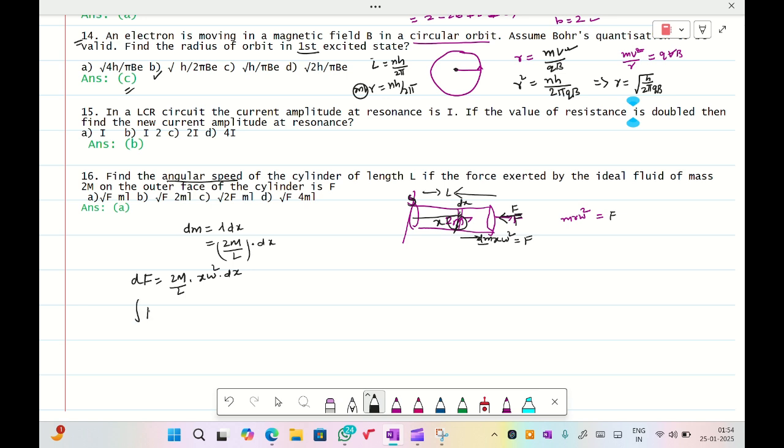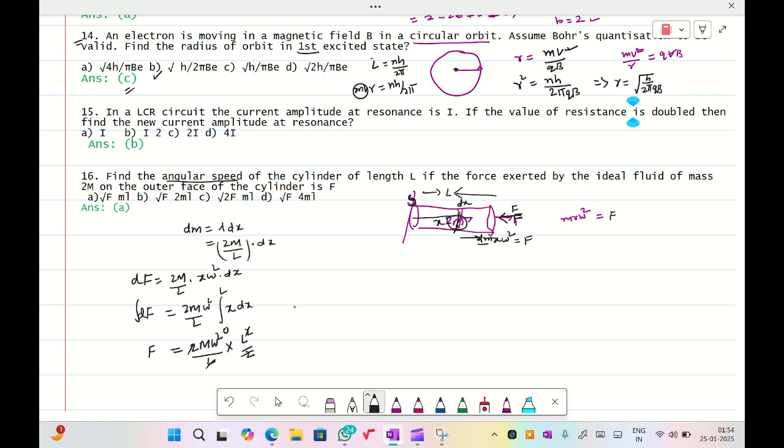So integral of df from 0 to F is equal to 2m by L omega square integral of x dx from 0 to L. Then F is equal to 2m omega square by L into L square by 2. So L gets cancelled, 2 gets cancelled.